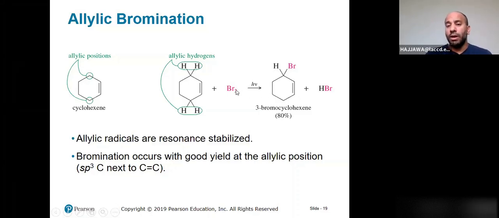So the bromine will be picked up by the most stable carbon as a radical, and that would be the allylic carbon. And you can see here that you end up making 3-bromocyclohexene. So every single time you have an allylic carbon in a structure and you're reacting it under bromination conditions, that's radical bromination, you would always expect the allylic carbon to be the one that's going to pick up the bromo.